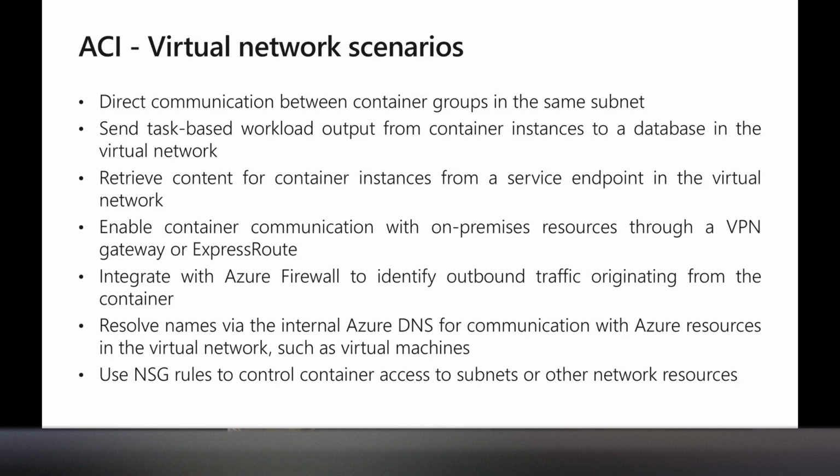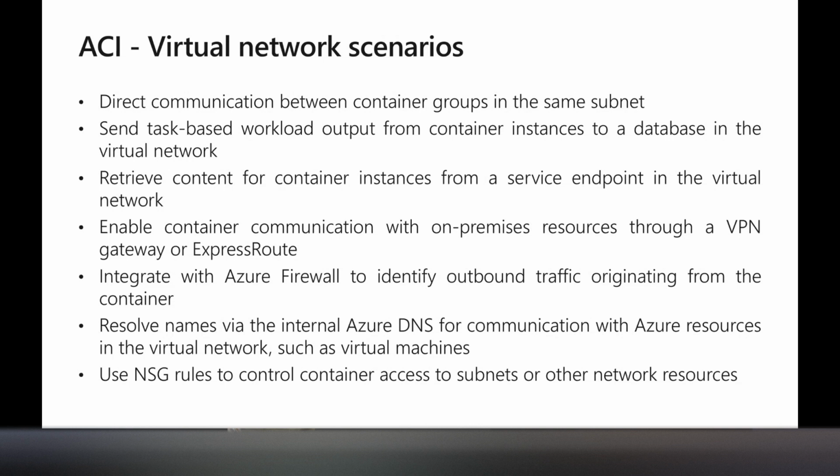There are some limitations there. Support for load balancer and things like that is not yet there, in addition to global VNet peering. But let's say you have a process that you need to run on an ACI. You can run that container as an Azure Container Instance inside your VNet.